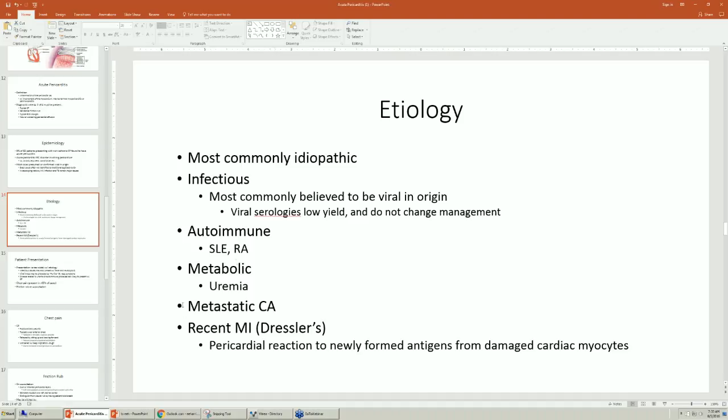Metastatic cancer gives you a bloody pericardial effusion that's not traumatic, and so breast cancer is not infrequent because it's metastasized to the pericardium and to the heart.